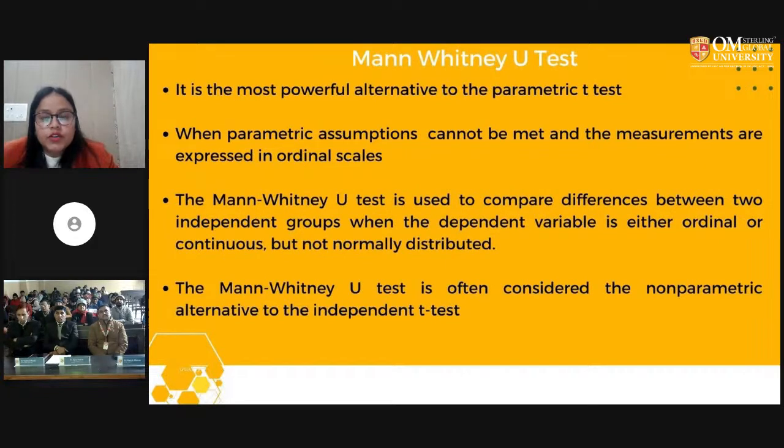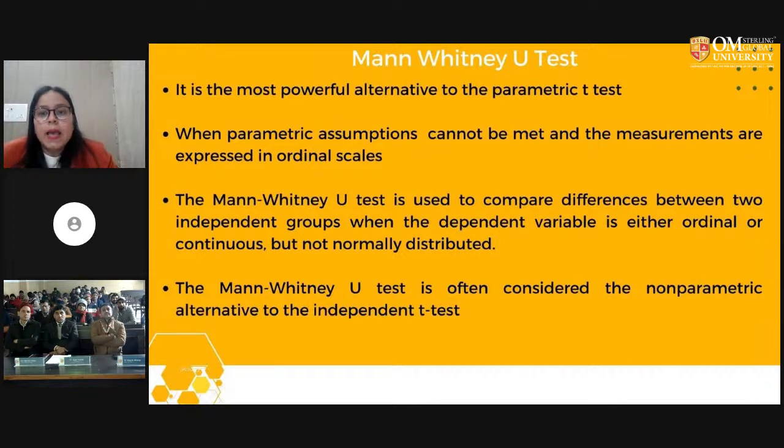Now I'm going to discuss the non-parametric alternatives to the two tests that I've already discussed, that is the independent t-test and the paired t-test. When I was talking about the independent t-test, for example, if your normal distribution assumption is not fulfilled, your data is not normally distributed, in that case you have an alternative to the independent t-test.